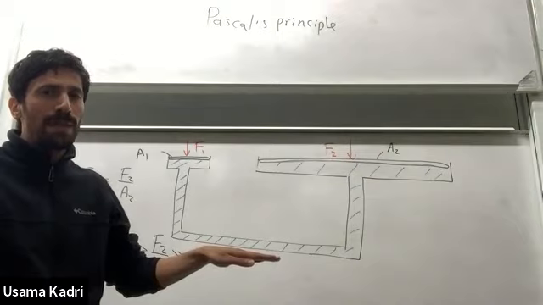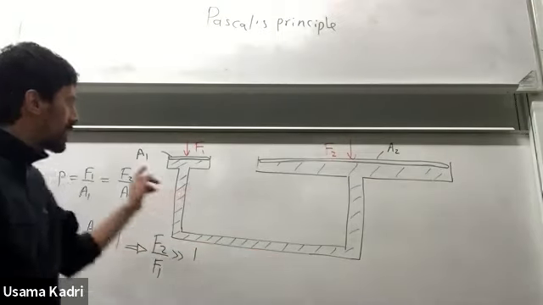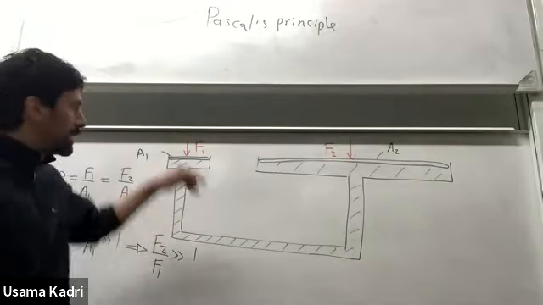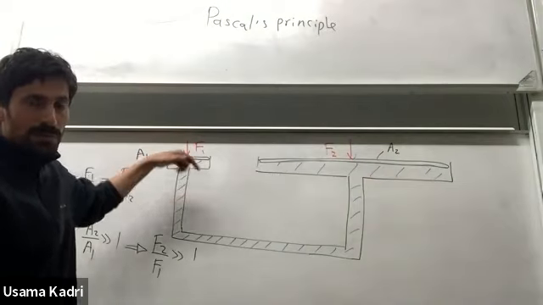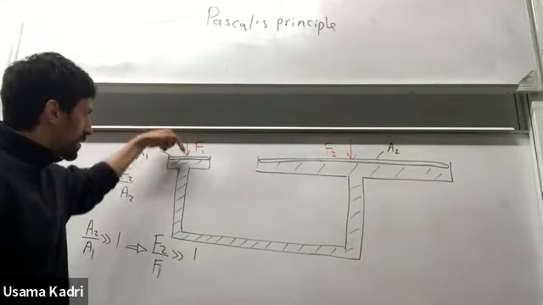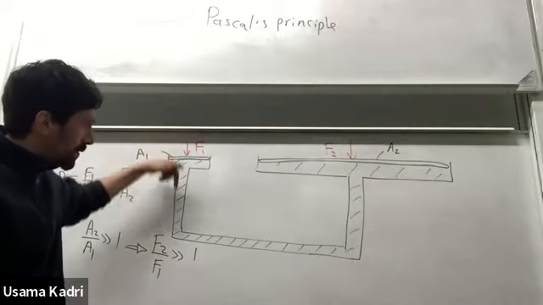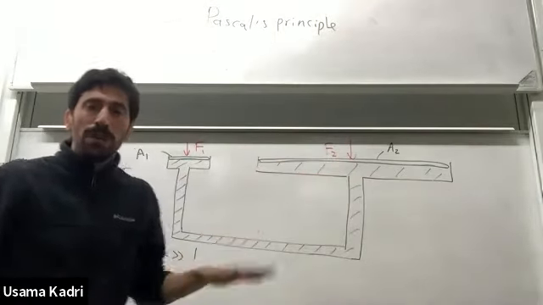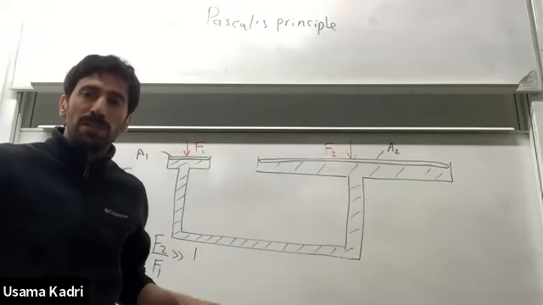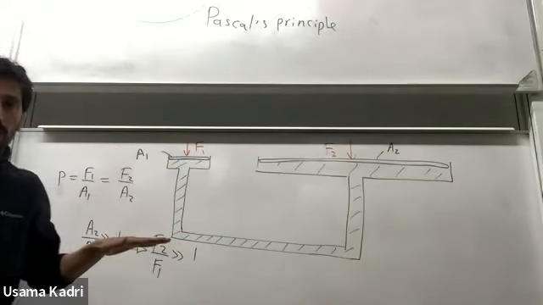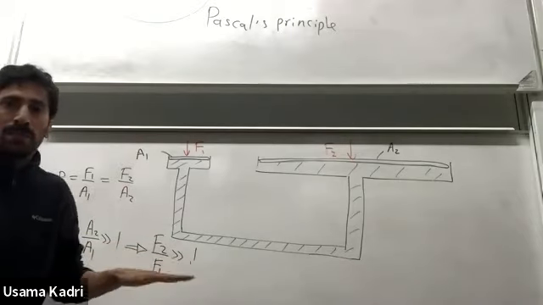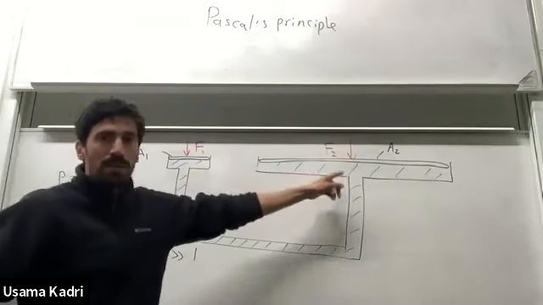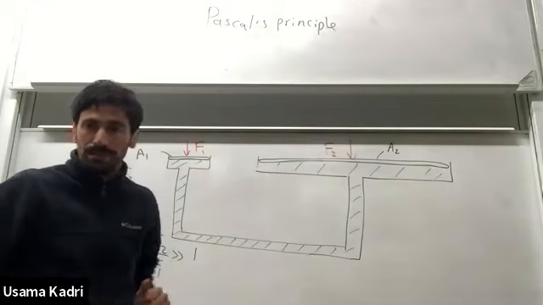What happens if I apply a little bit more force than the equilibrium force? What should happen? This would go down. So I would be pushing this part down. I would be pushing the fluid here, and the fluid would be pushing that part up. So only with my hand, I can push this side, the left side, and the car on the right side would be going up.